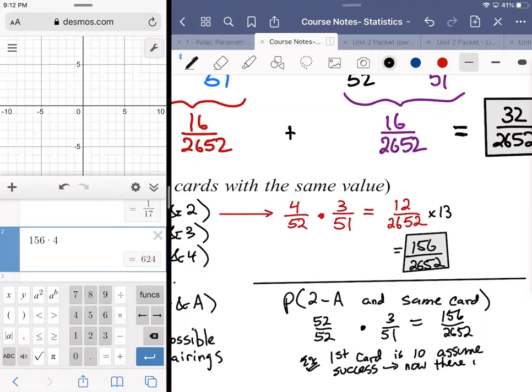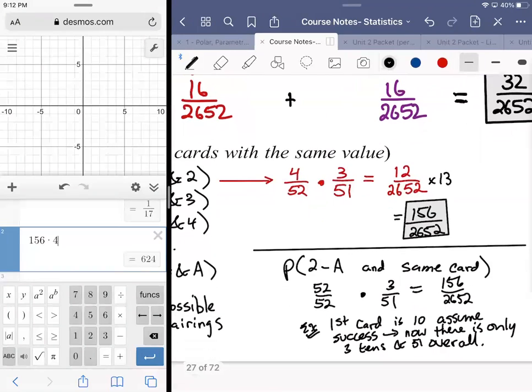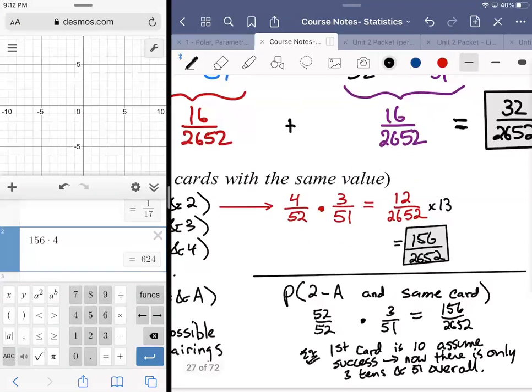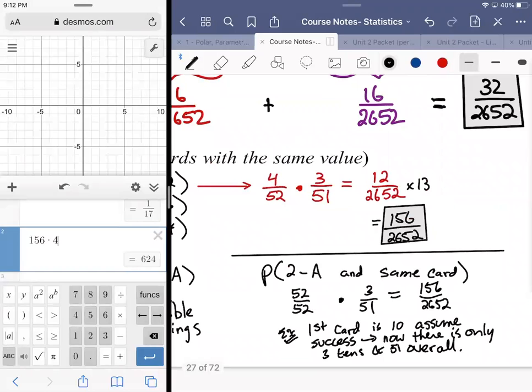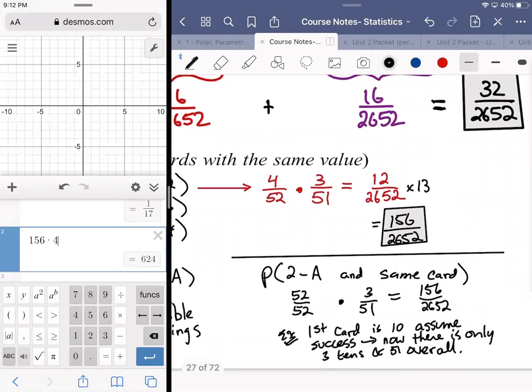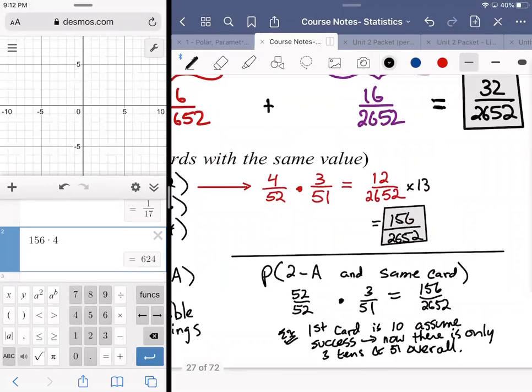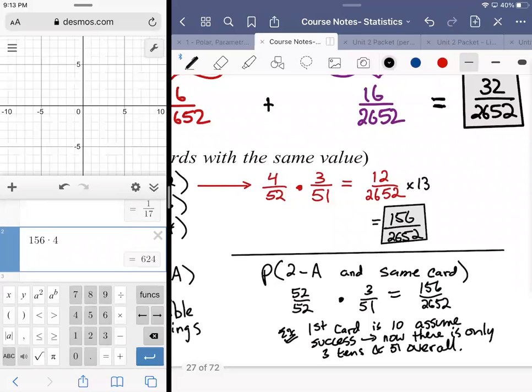Now there are only 3 10s and 51 cards overall. I'm sorry, could you scroll down just a tiny bit? I can't see it. Yeah. So if the first card is a 10, for example, we assume success. Now there are only 3 10s and 51 overall. So then the product, and that's it. The first card is X, and then you have 3 of X remaining to draw on your second card.